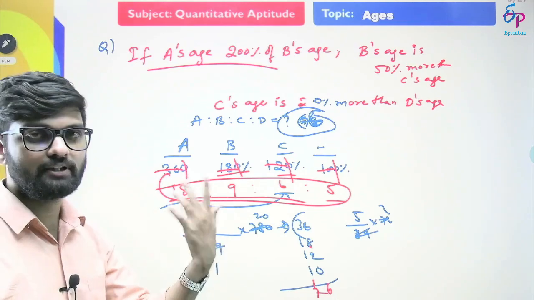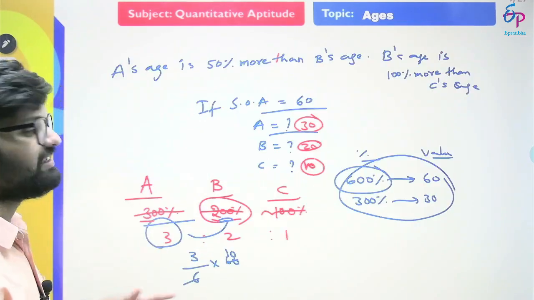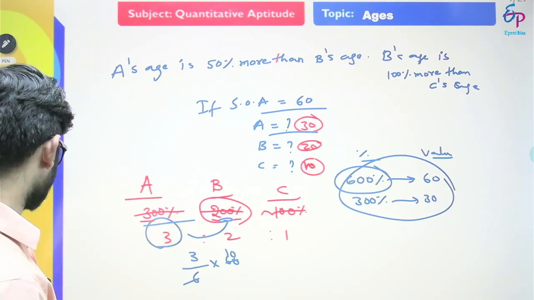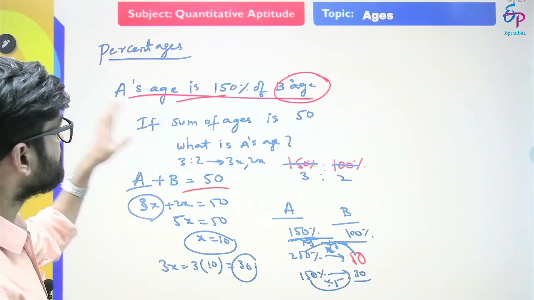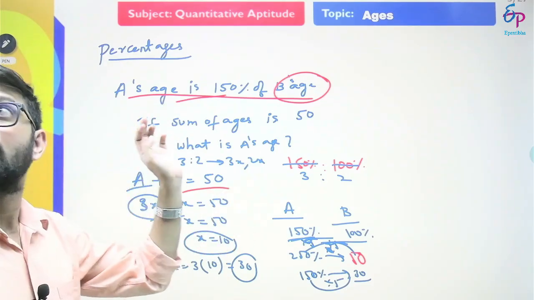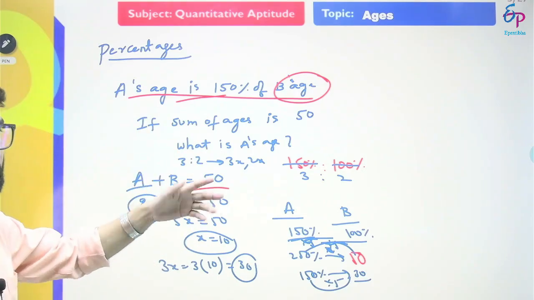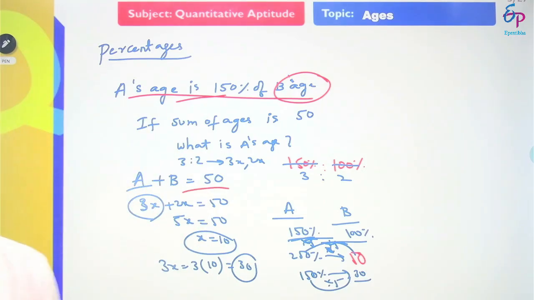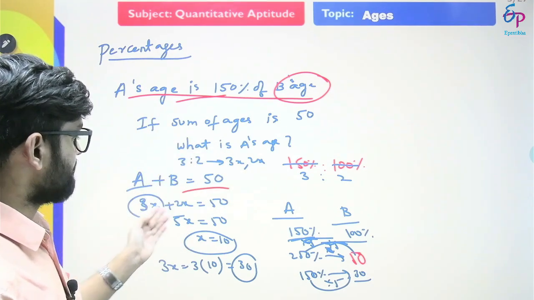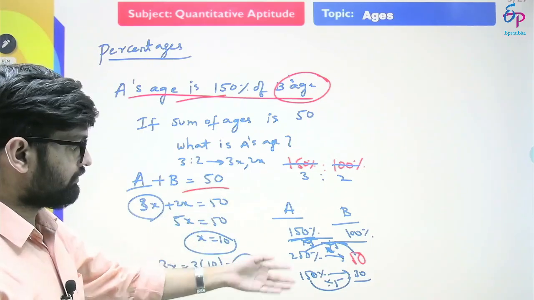That is about the percentage method. We'll see the standard questions when we start the next video. But in this, focus on how to solve the question in percentages. You have to take the last percent value as 100% and you can make out A's age. The relation between A's age and B's age I have given, so A plus B is 3x plus 2x, 5x, and then you can get the answer.